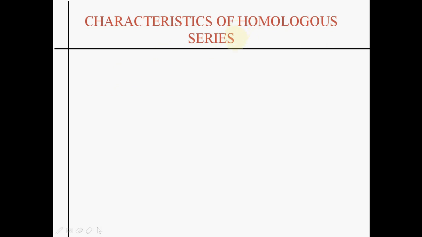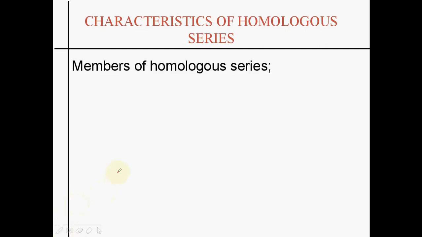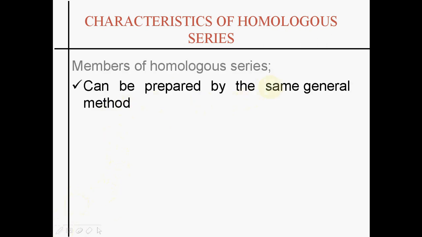So the first property that we have to understand, as we observe the homologous series, is that all of the compounds that fall into a particular homologous series can be prepared by the same general method. Here we're giving an example. I'll give an example of alkanes.